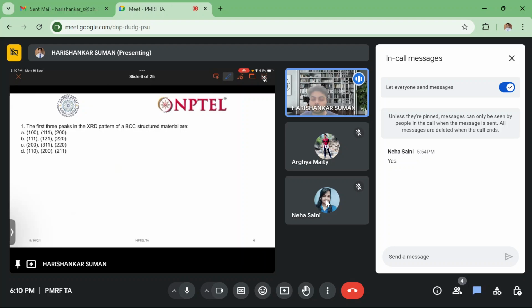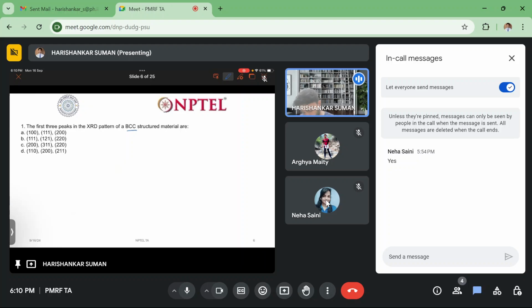Let's discuss the first question. The first three peaks in the XRD pattern of a BCC structure material are... Please calculate and choose the correct option. We have already discussed this.